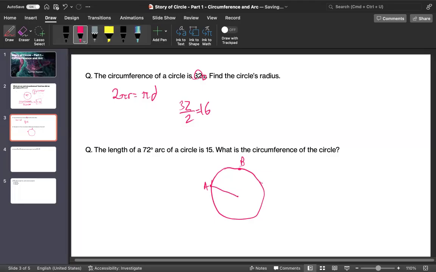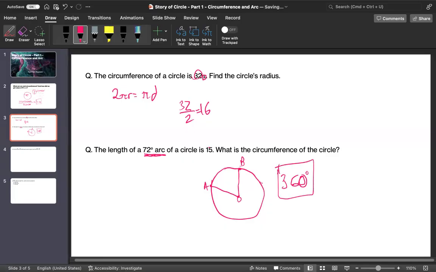So if we join this in the middle here, we know that this is 15, and the degree measure of a circle is 360 degrees. And the 72-degree arc, thank goodness it gave us that, is 1/5 of 360.